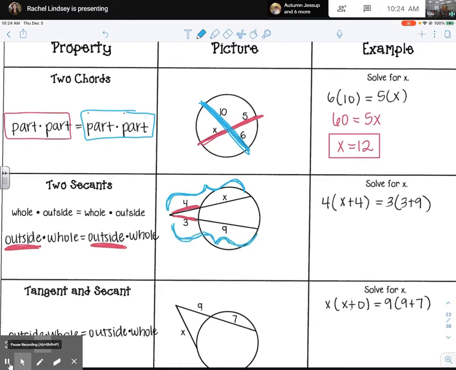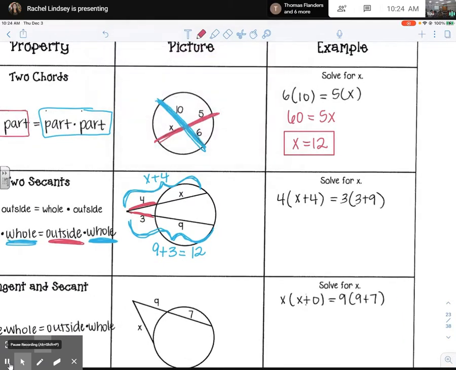So what I'm gonna have to do is add those together. I'd have x plus 4 for that top part, and then 9 plus 3 for that bottom part, for that whole. And then you just throw the one on the outside in front of it. So 9 plus 3 is 12, so I'm gonna go ahead and do that, because we're gonna have to do it over here.